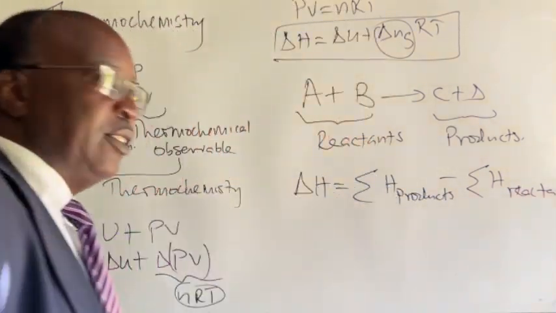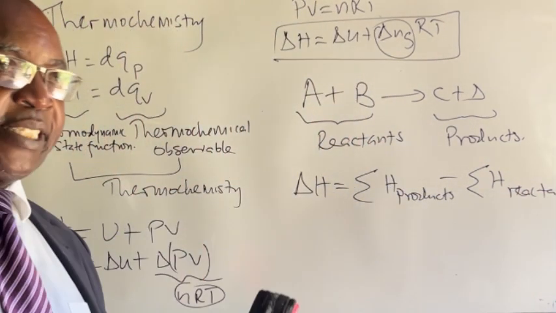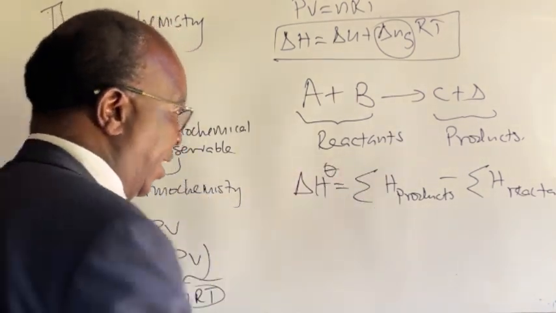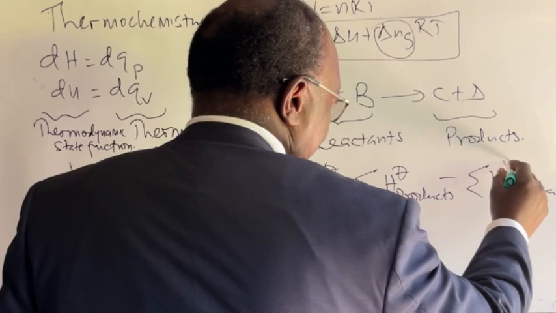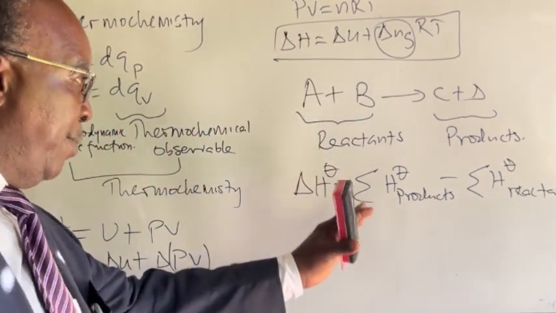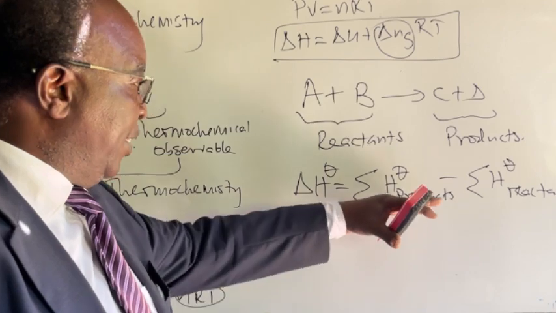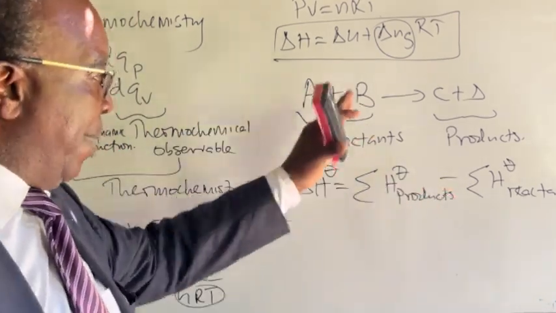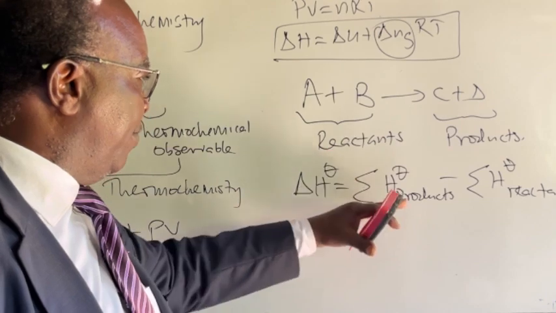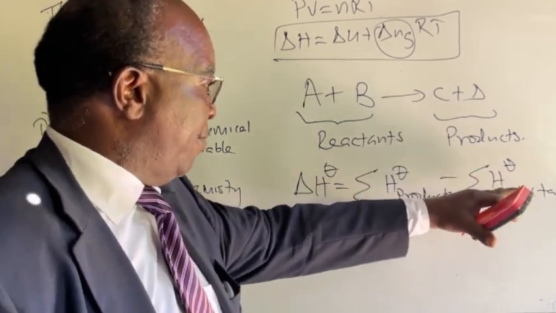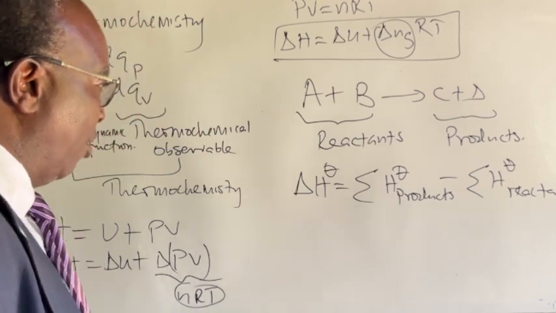And in most cases, we talk of STP, standard temperature and pressure conditions, so we put a theta there to indicate that we're dealing with systems under STP. So delta H theta will be given as the sum of the products, in this particular case the enthalpy of C plus the enthalpy of D, minus the enthalpy of A plus the enthalpy of B.